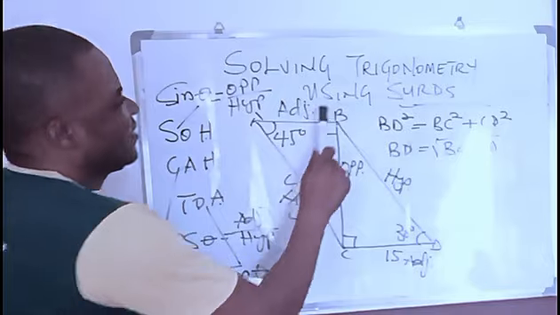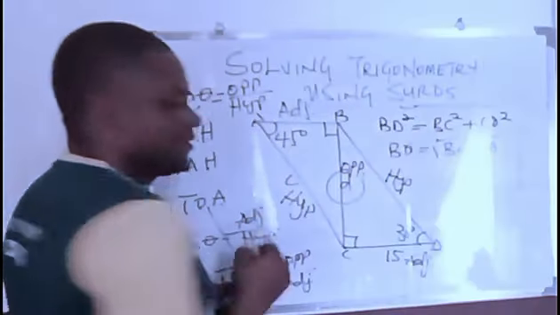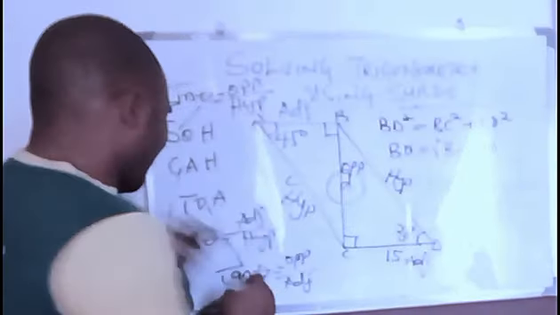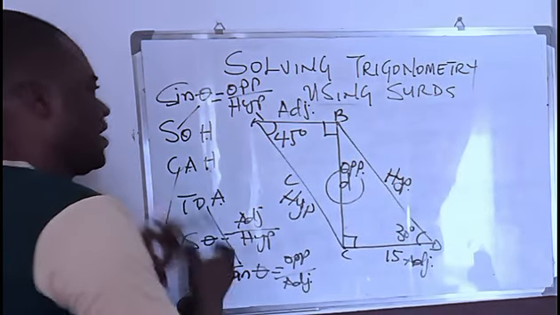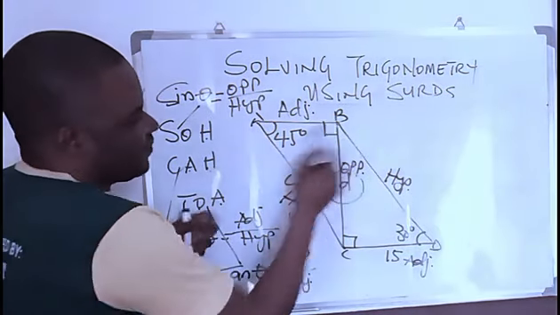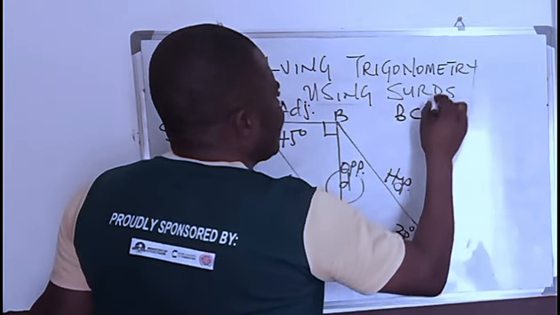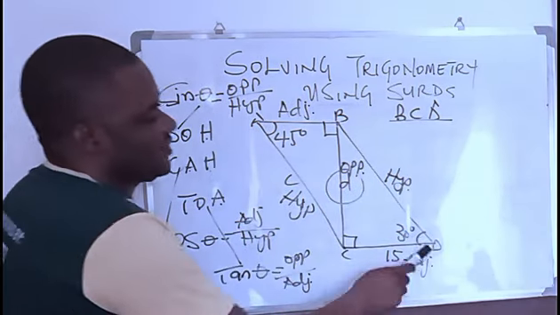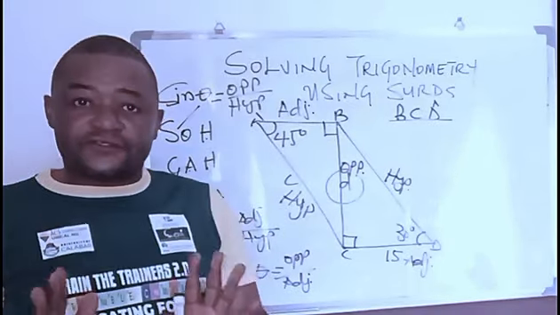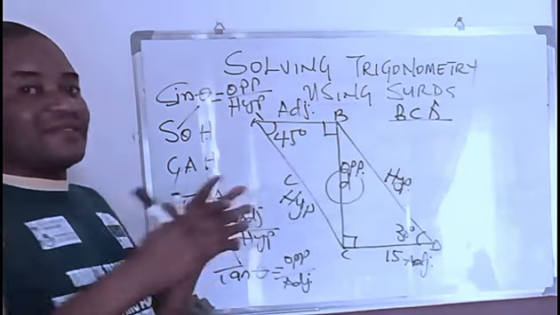First, let us solve triangle BCD and look for AD. Now let us clean this. For this triangle BCD, the trigonometry function we are going to use depends on the sides that are given.